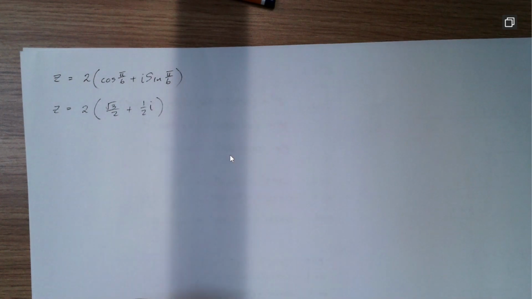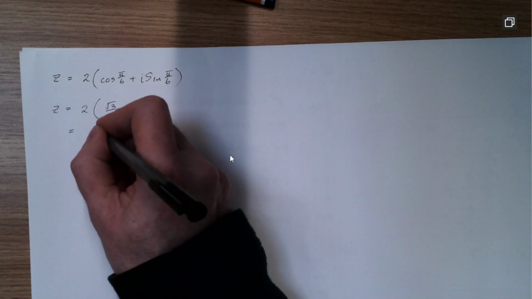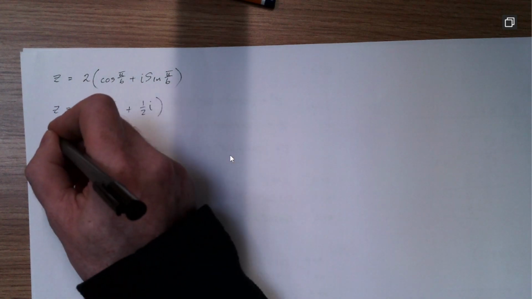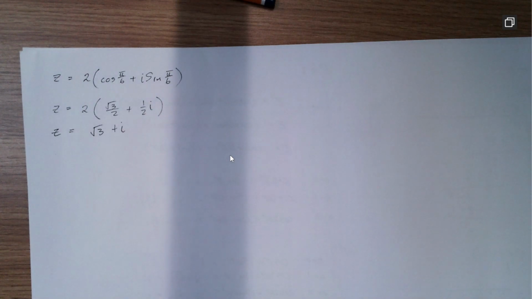Now my z is square root 3 plus i. So next we have z in rectangular form: square root 3 plus i.